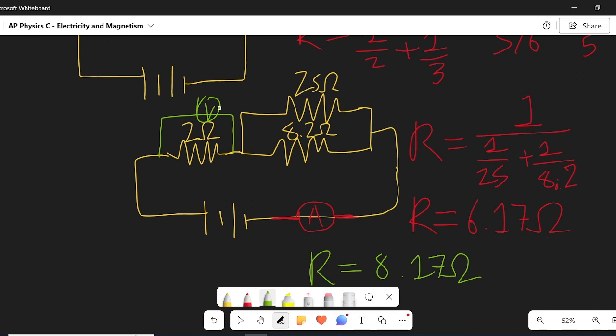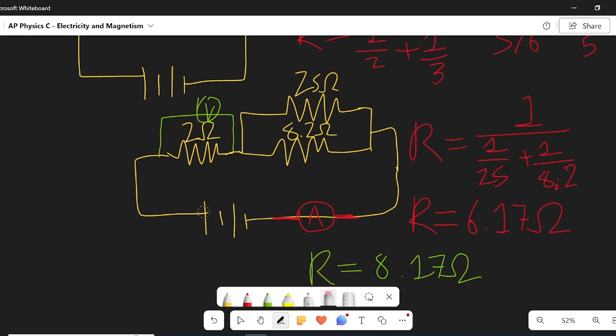Because remember, if we have some current that is flowing through the wires, electrons that are slow over here will not be able to push the fast electrons.